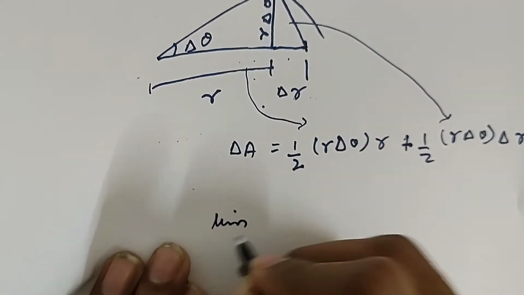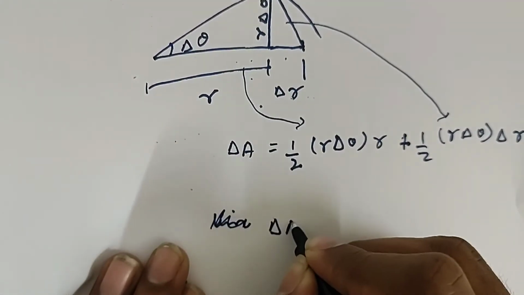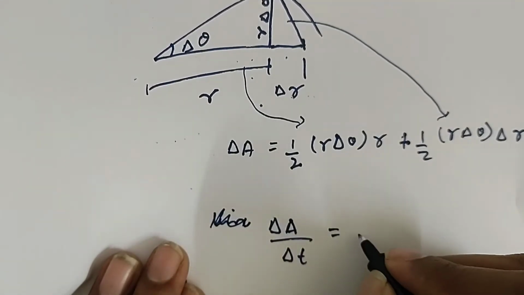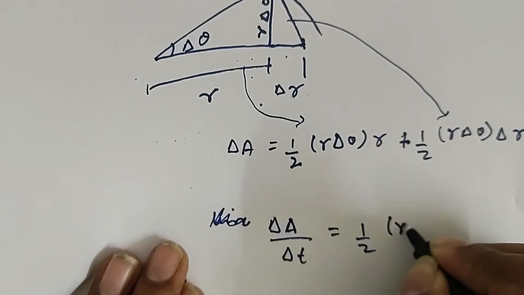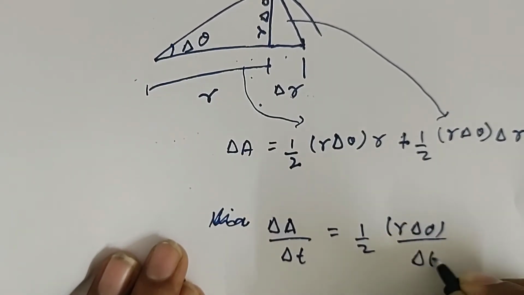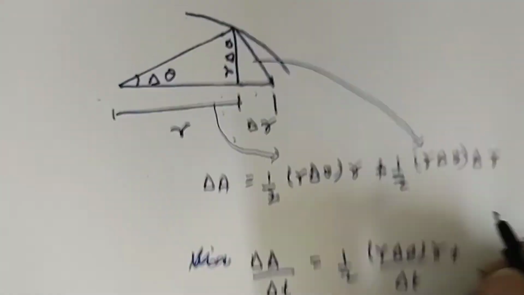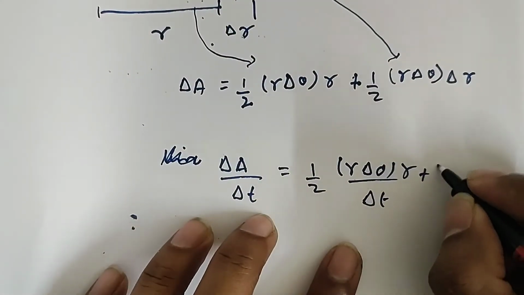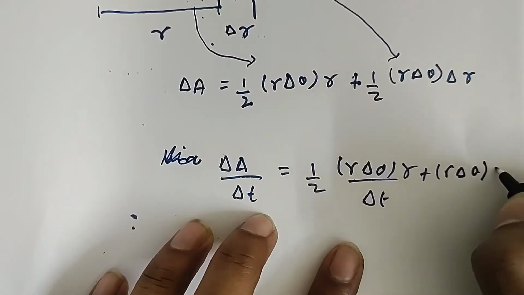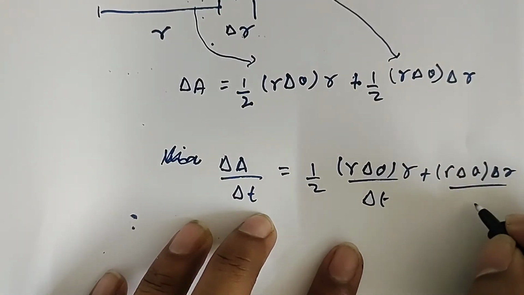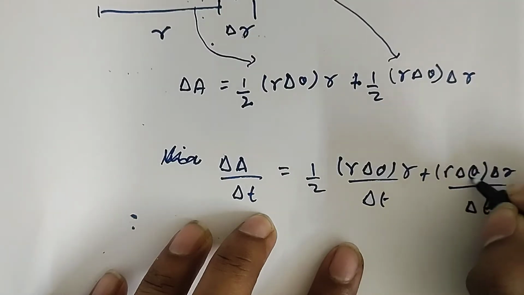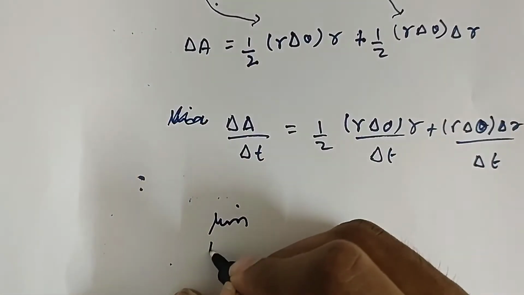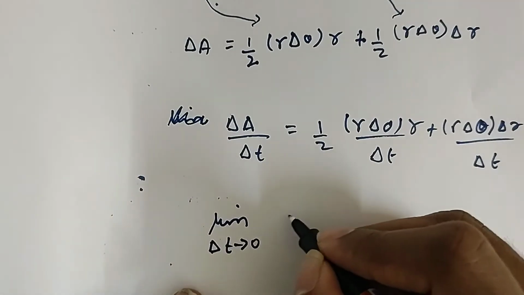Now what I can do is differentiate this with respect to time. If you want, you can just say that I multiply throughout by 1 upon delta t, giving r delta theta over delta t. Now I will use the limiting condition where I state delta t tends to 0.